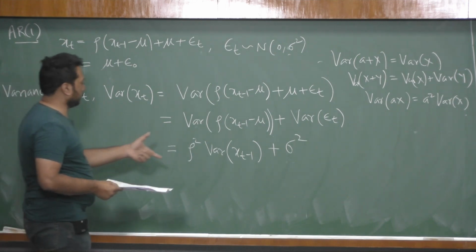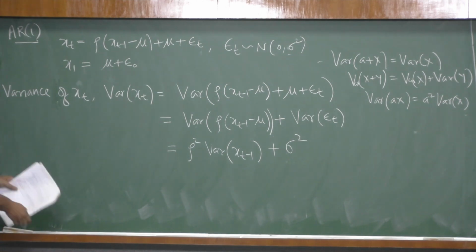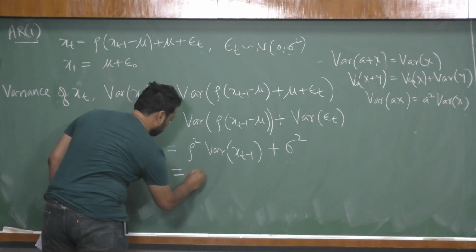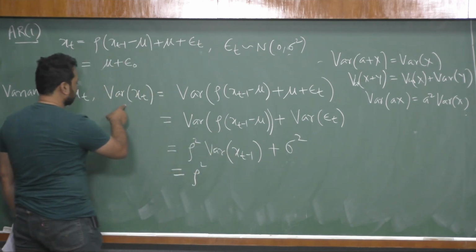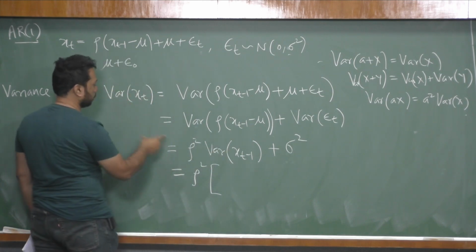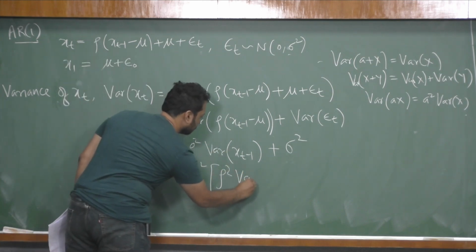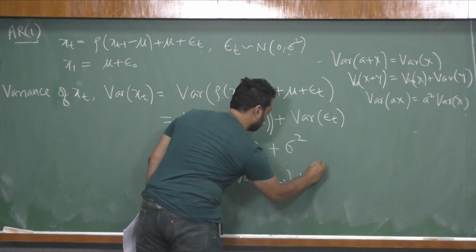So for instance, we can continue this recurrence again and again, and then we can try to see where this settles down. So this is rho squared, and in place of variance we can do this recursively now. Variance of xt minus 1 will be rho squared variance of xt minus 2 plus sigma squared.